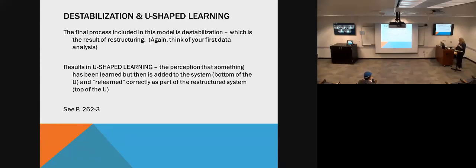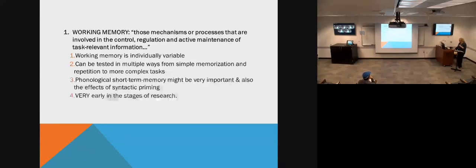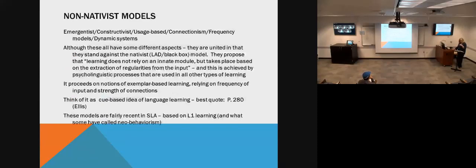And then more recent constructs that have come from psychology, working memory, and attention, which is now where we're getting all these experimental studies that look like psych. Okay. And finally, most recently, as you'll see, for example, if you look at dynamic systems on page 280, you only just have to look at the publication dates to see where we are.